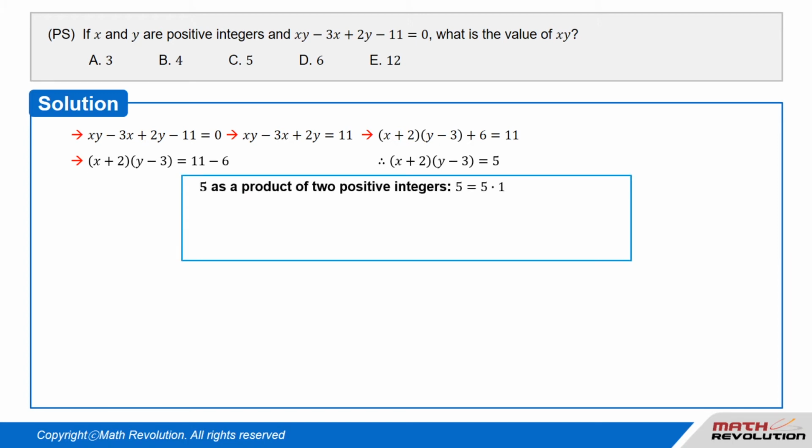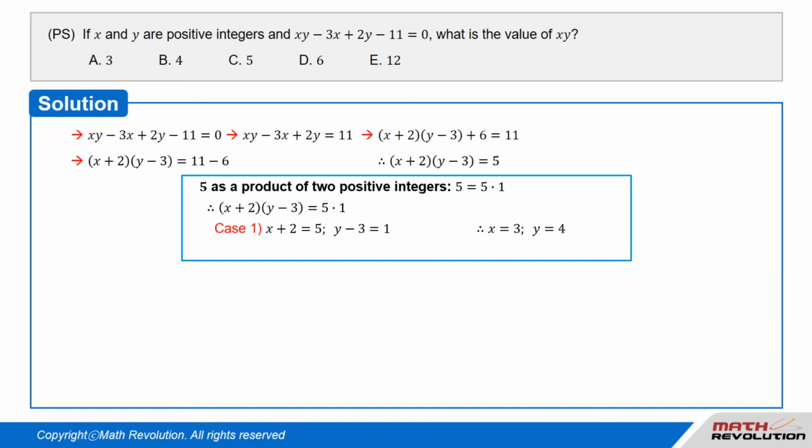Now we have 5 as a product of two positive integers, which is 5 = 5 times 1. So (x + 2)(y - 3) = 5 times 1, and we can take x + 2 = 5 and y - 3 = 1.